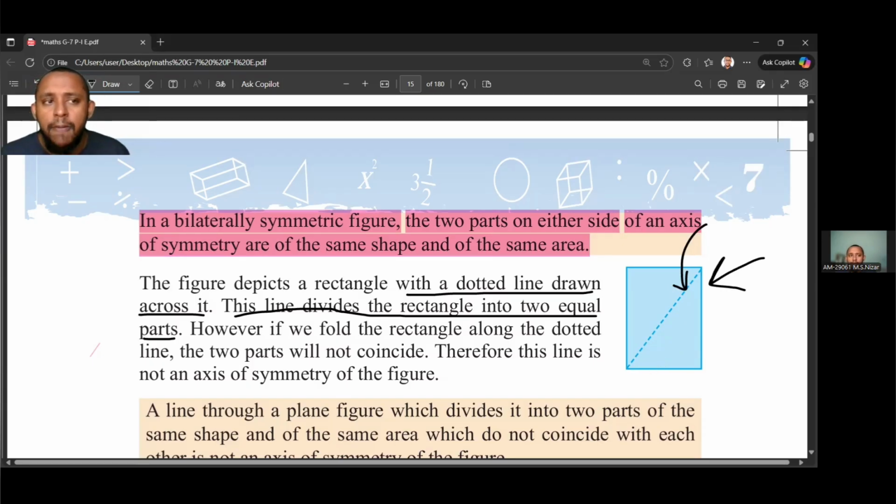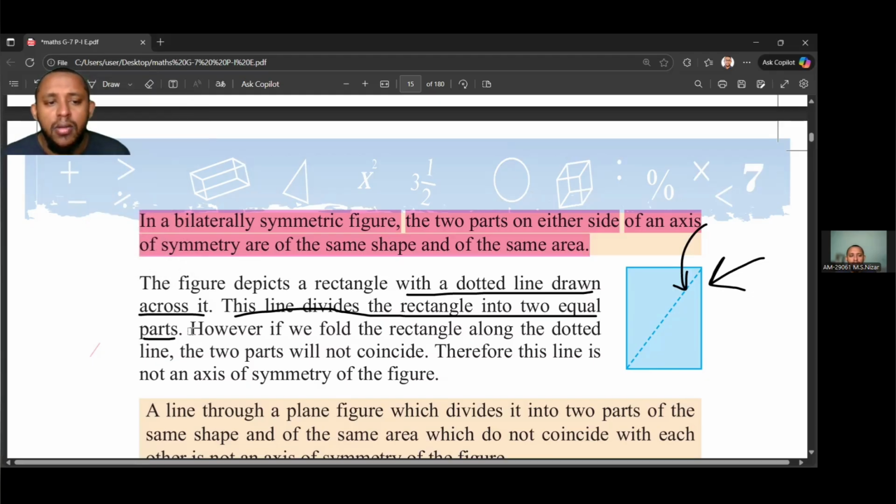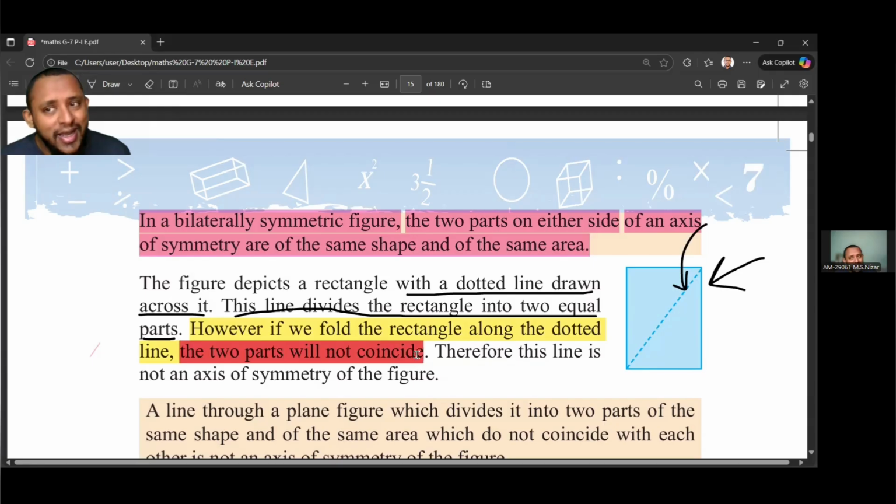However, you should take this point thoroughly to your mind: if we fold the rectangle along the dotted line, listen carefully, the two parts will not coincide.